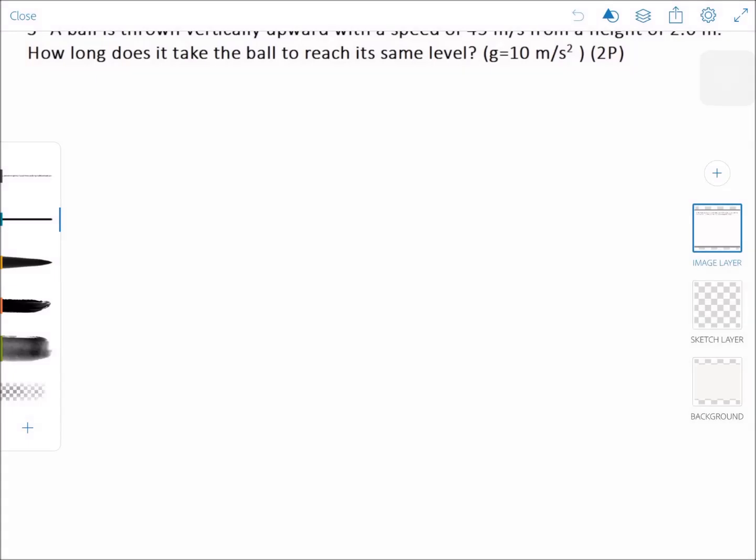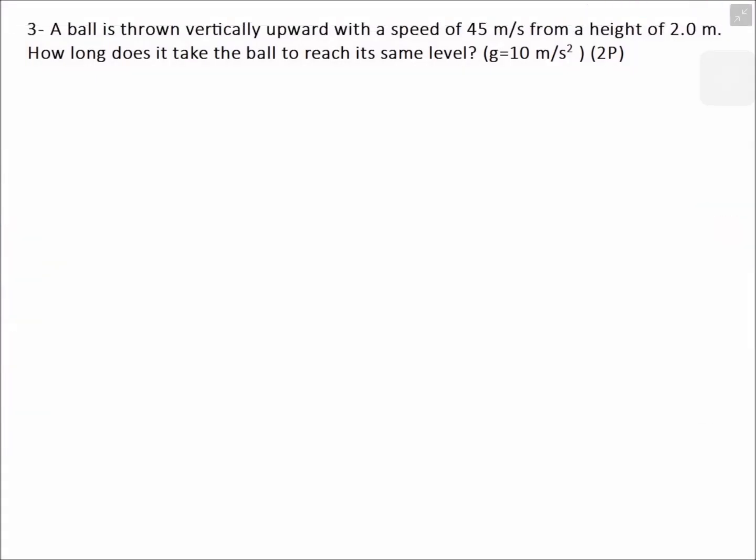And third question, it says a ball is thrown vertically upward with a speed of 45 meters per second. So let's say this is the v initial, and a height of 2 meters from the ground. How long does it take the ball to reach the same level?